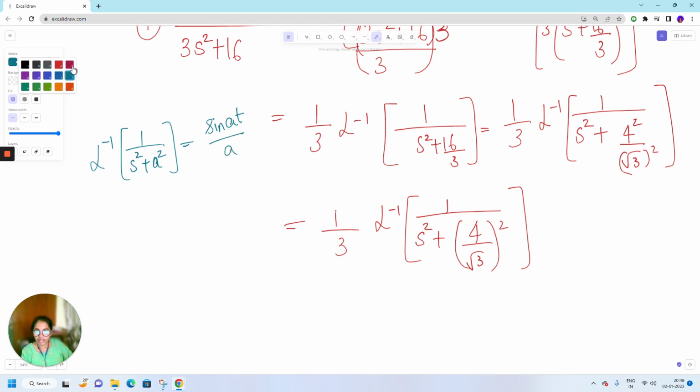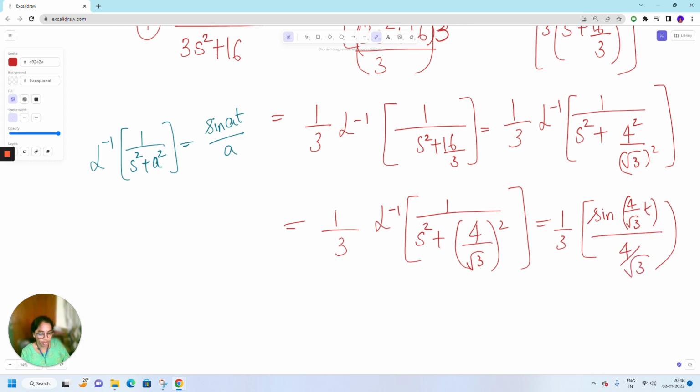So my answer would be, this is equal to 1 by 3 into sin. In place of a I have 4 by root 3, into t divided by 4 divided by root 3, or I can also write it as root 3 divided by 4 into 3, sin 4 by root 3 into t.